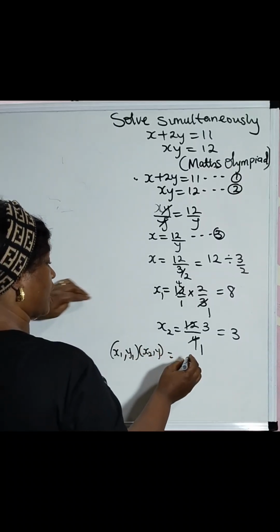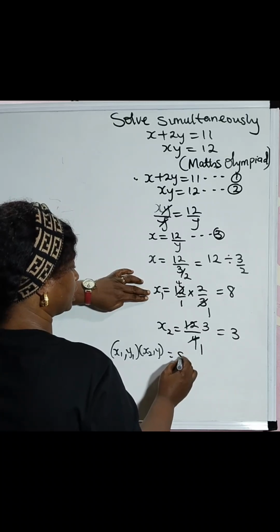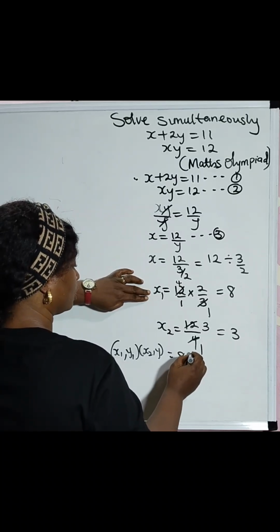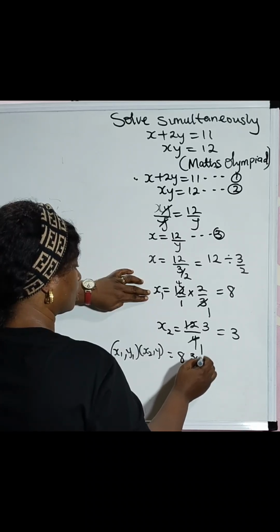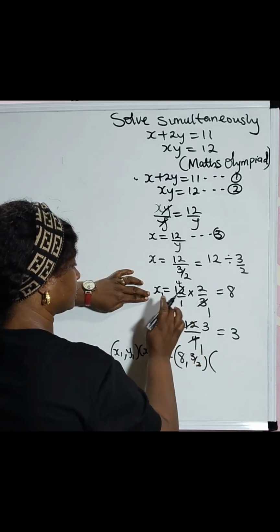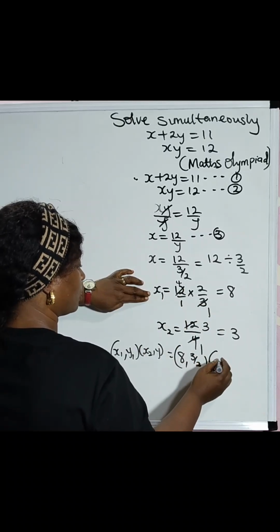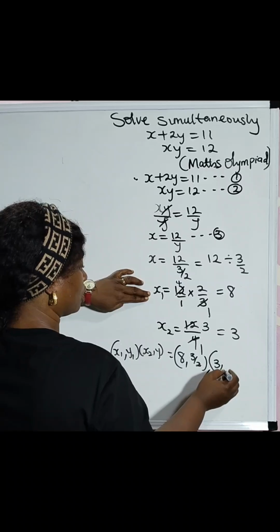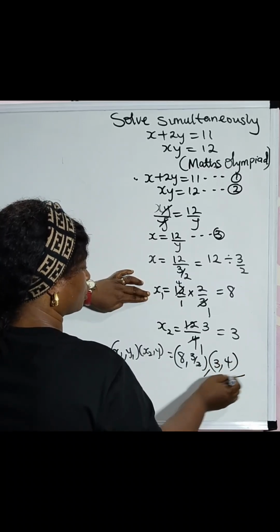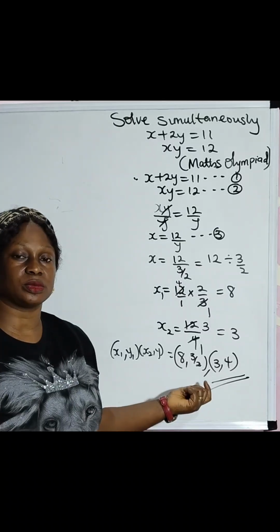So we have x1, which is 8, comma y1, which is 3 over 2, then we have x2, which is 3, comma y2, which is 4. So these are the solutions of that simultaneous equation.